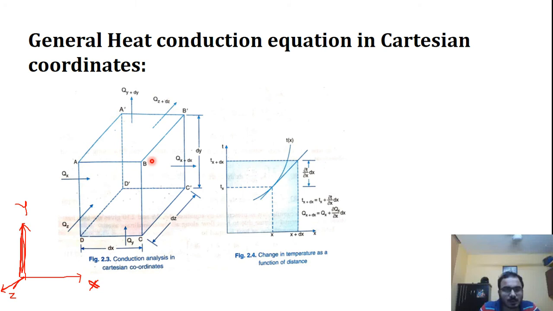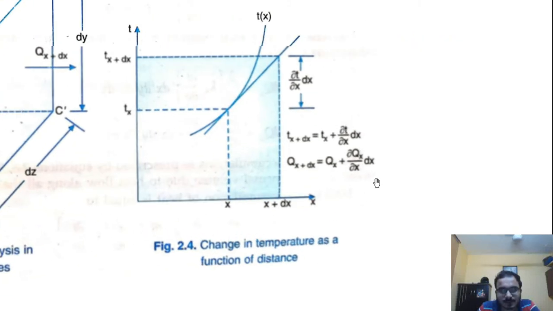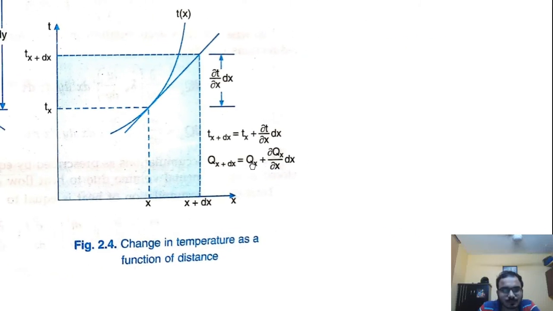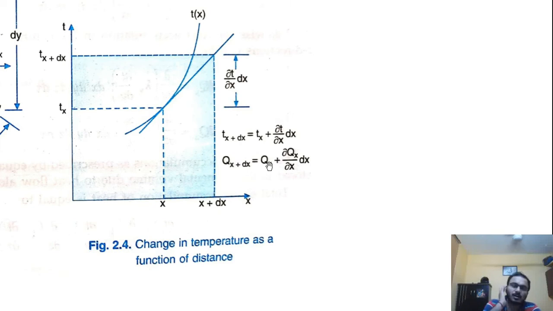So we have already seen that the heat is flowing in all three directions, and now the change in temperature as a function of distance. So currently we are focusing only on x direction.